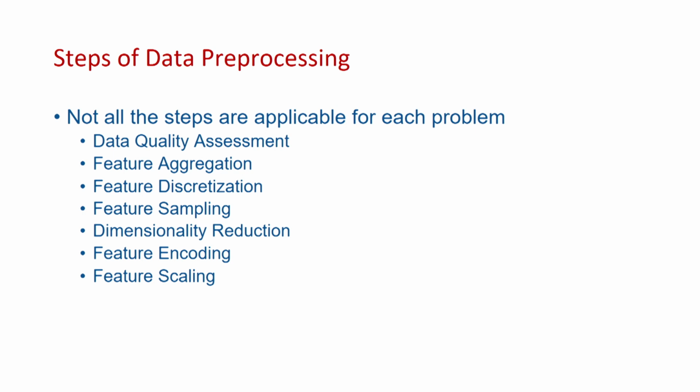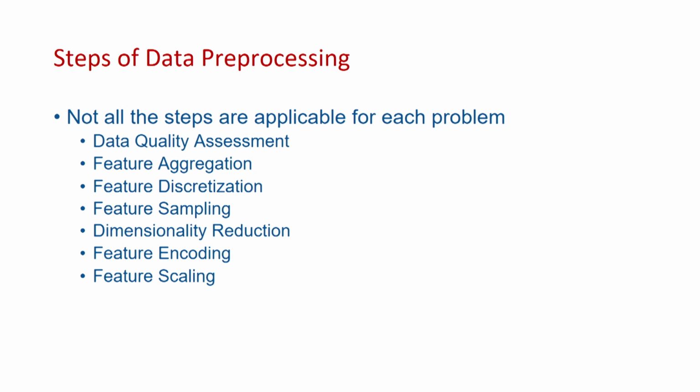There are a number of steps of data preprocessing, and in the real scenario it is not the case that each and every data preprocessing technique will be required, but we will study these different steps in this lecture, and depending on the problem, depending on the context, one can choose which particular step is required in that case.